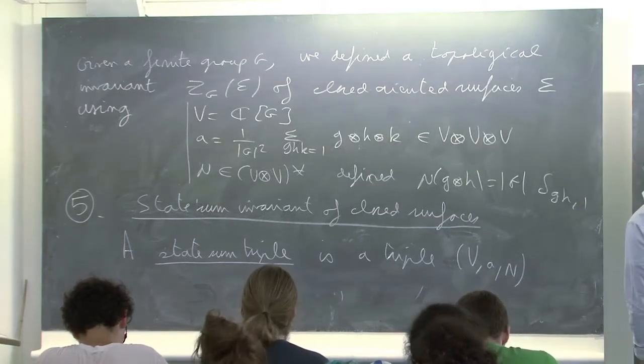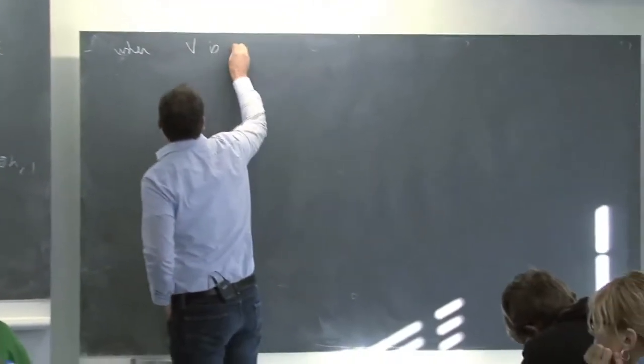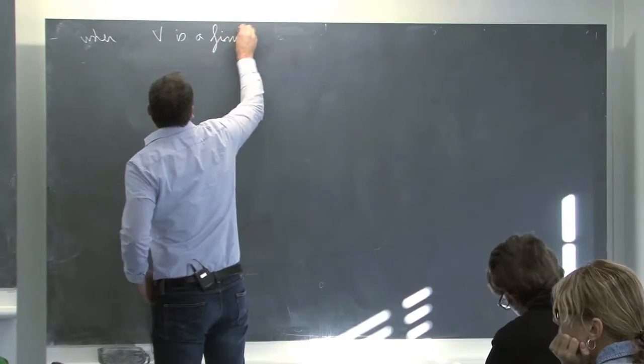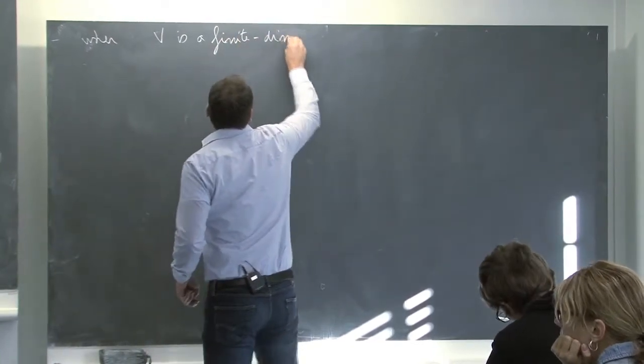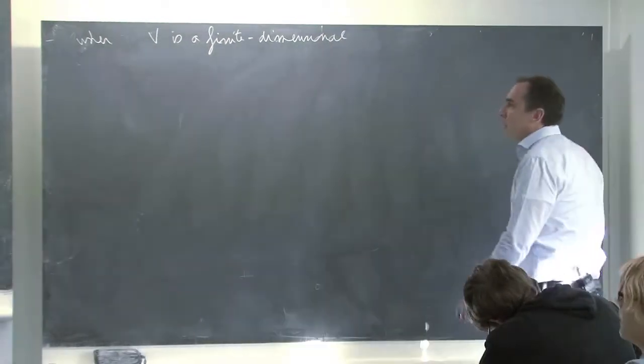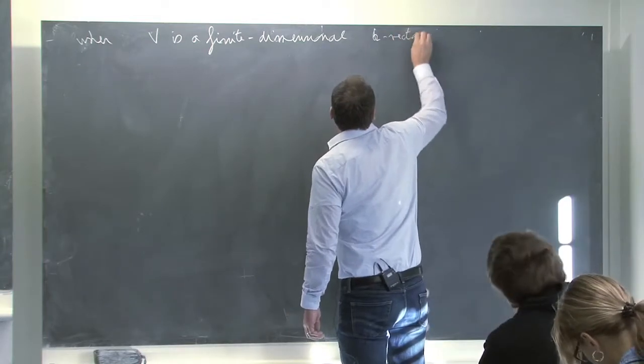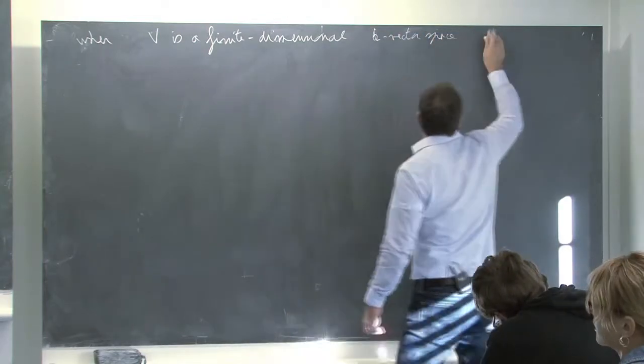where V is a finite dimensional K vector space. Here K is a field.